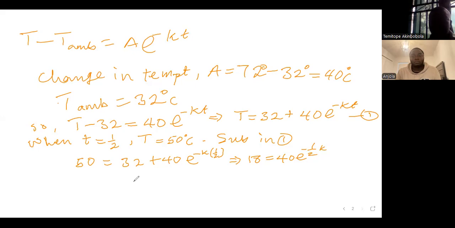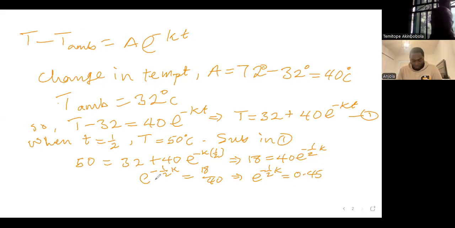Make e the subject: e raised to power minus 1 over 2k will now be 18 over 40, which is 0.45 when you divide that.